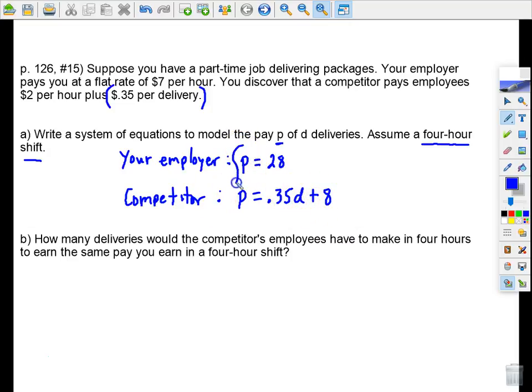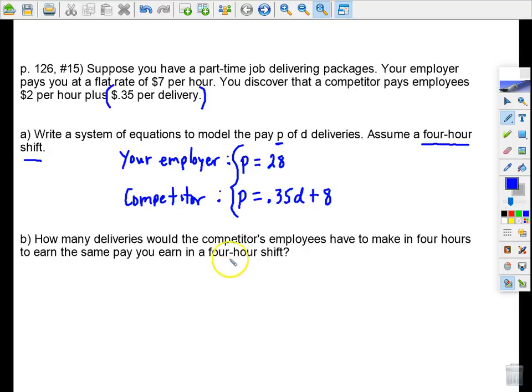Okay, so this is my system. It says write a system of equations, and there it is. Now we're asked to determine how many deliveries the competitor's employees would have to make in 4 hours to earn the same pay you earn in a 4-hour shift. So we're basically going to solve this system.